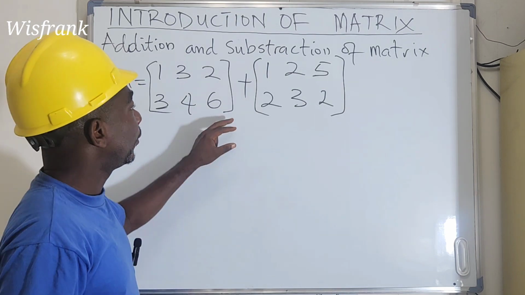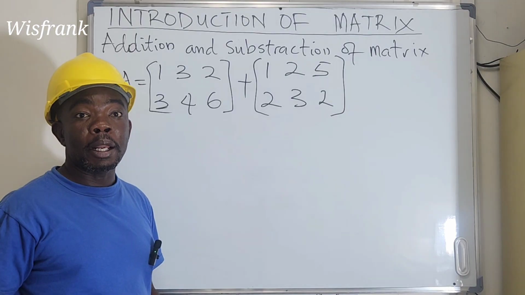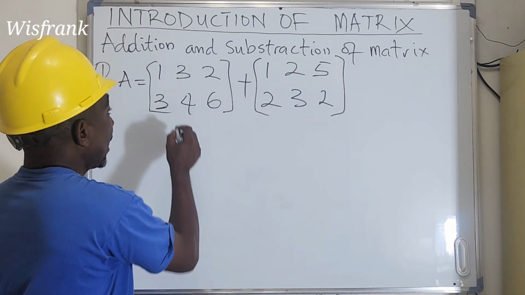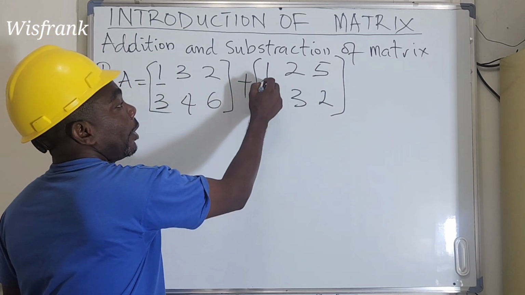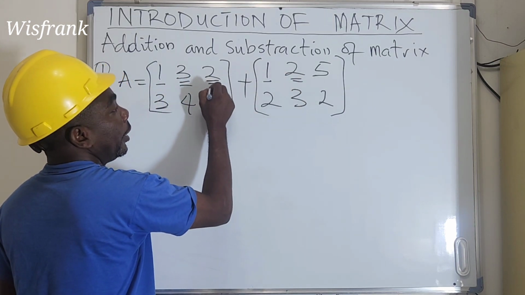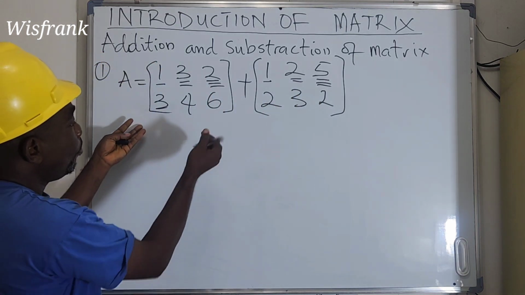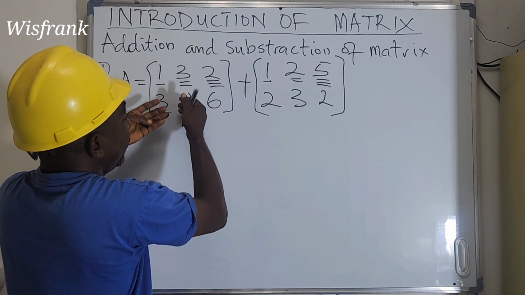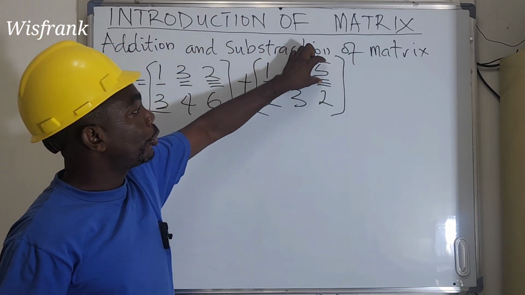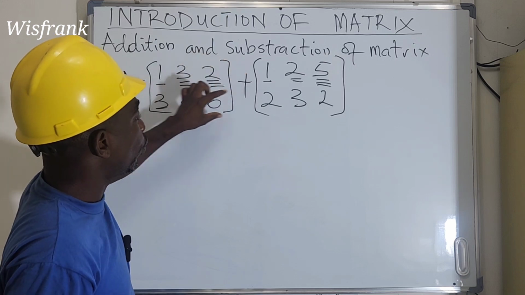What we are going to do now is add the corresponding elements. What do we mean by corresponding? A correspondent is the position of a number in the matrix. We have this position here, and another one here, and so on. If we place one matrix on top of the other, each element will be positioned over its counterpart.